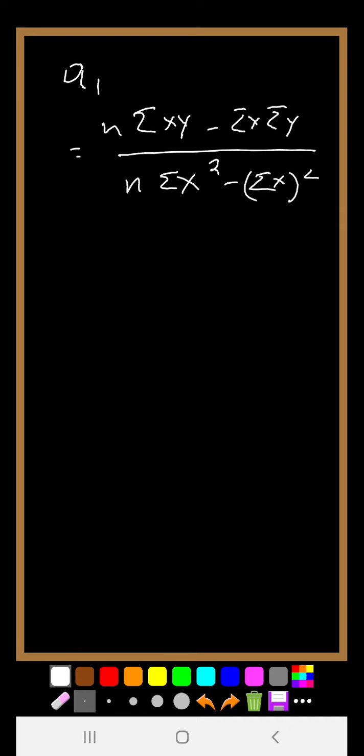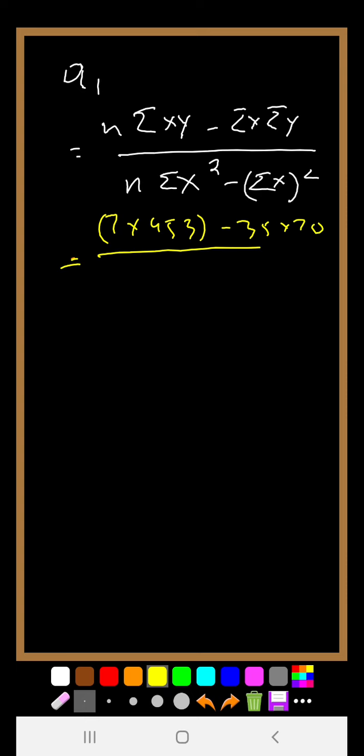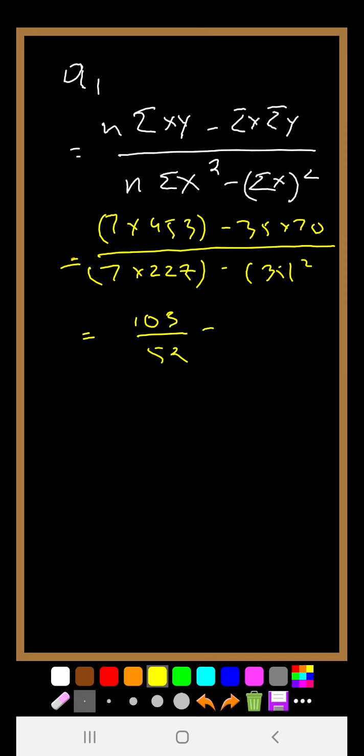So we put the values obtained here, so it will be equal to 7 into 453 minus 35 into 70, divided by 7 into 227 minus 35 whole square, and the value is 103 by 52, and that is equal to 1.98.